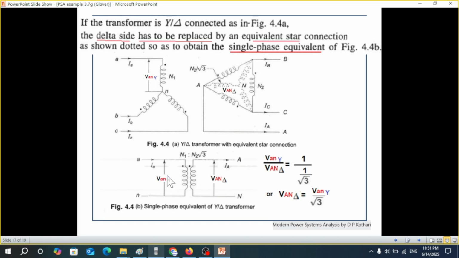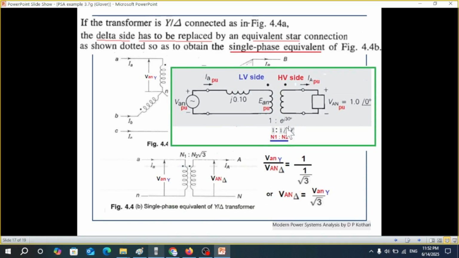So on the left hand side, this is the phase, and on the right hand side, this will be the phase. So VAN delta. And the relation is N1 and N2 under root 3. But in our case, it is 1:1, because we know the angle was 1, 1 related.